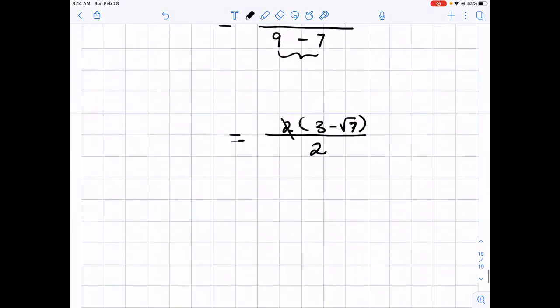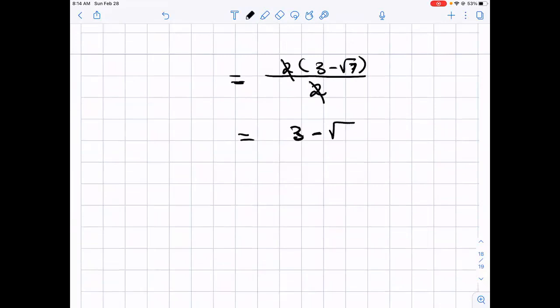This 2 cancels with that 2. This is only in this example. Sometimes they will cancel, sometimes they will not, and sometimes you have to factor out. So we don't need that fraction bar anymore. We're left with 3 minus root 7. It all depends on the problem you're working with.